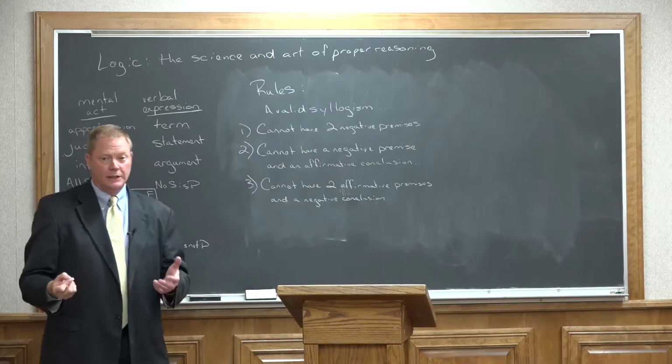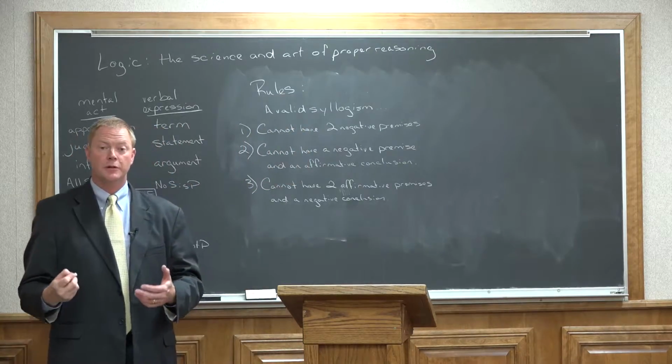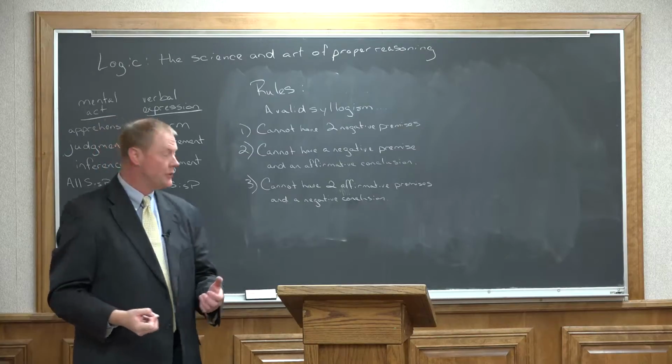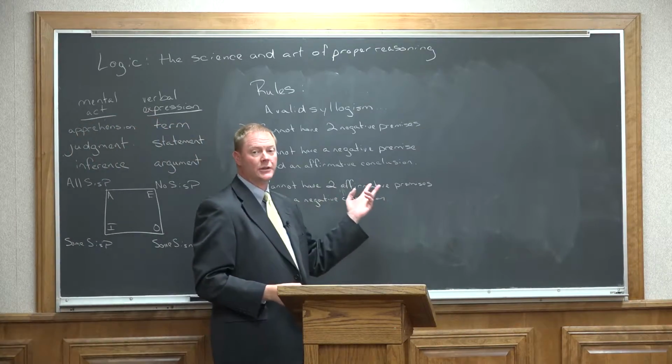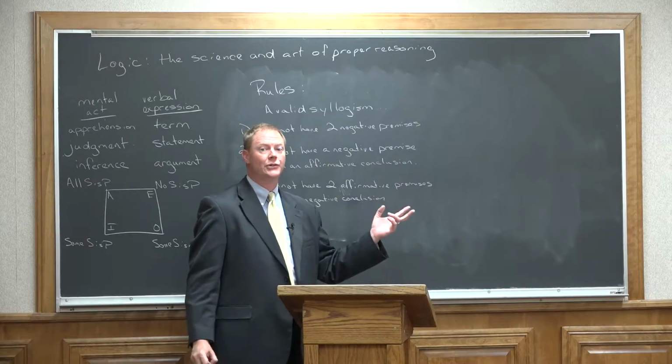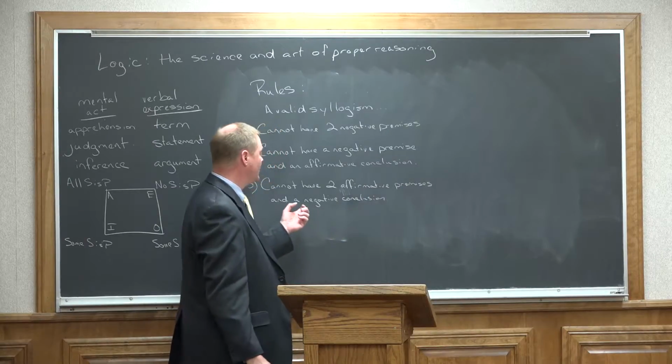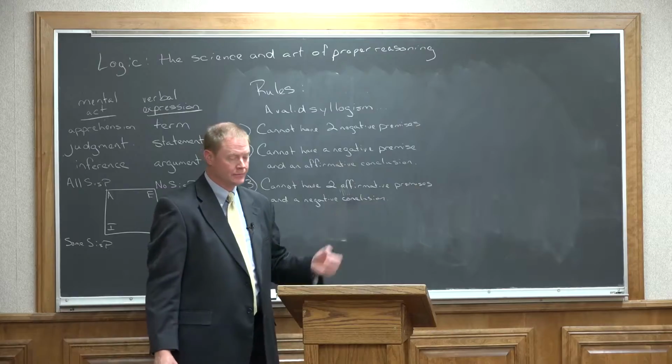Again, in this case, the conclusion would be going beyond the premises, and the reason is because the premises only make a statement about what it is. They do not make any statement about what it isn't.